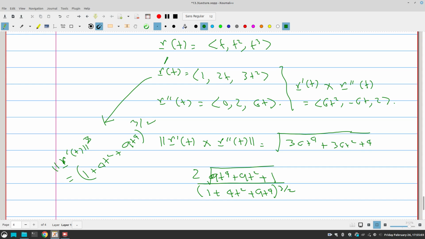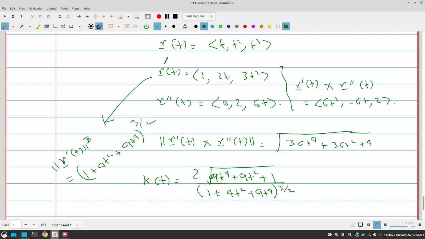So this is the curvature at the point t, kappa t. And of course, if you want to find the curvature at t equal to 0, just plug in t equal to 0.